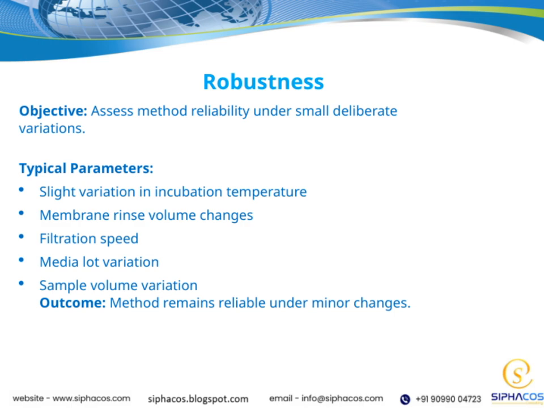That is, its ability to withstand small fluctuations without compromising accuracy or consistency. Highlighting this robustness is essential because it gives us confidence that the method is practical and dependable in everyday laboratory settings, supporting the overall theme of quality and reliability in our testing processes.